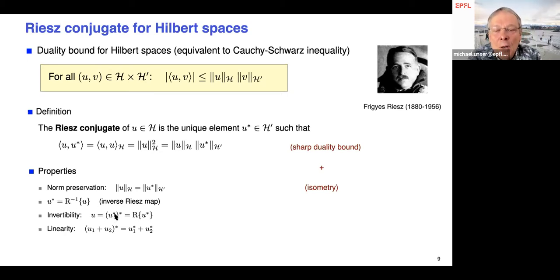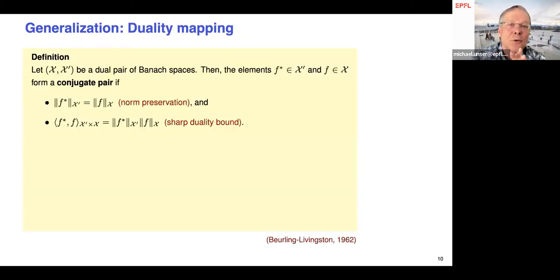So if you do the conjugate of U star, you get back to U, and it's linear and also an isometry. Okay, so this is very classical, and it's consistent with the space being reflexive.